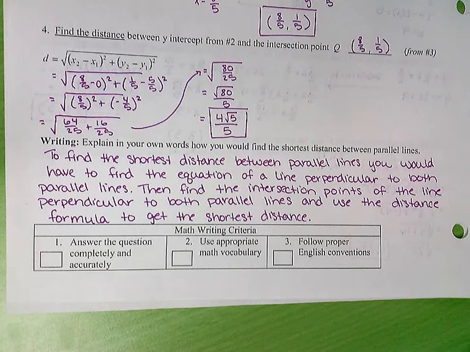So it has to be a perpendicular line. It's not just a line that intersects both parallel lines. It has to be perpendicular to be the shortest distance. Okay, does that make sense? Yeah? Okay.